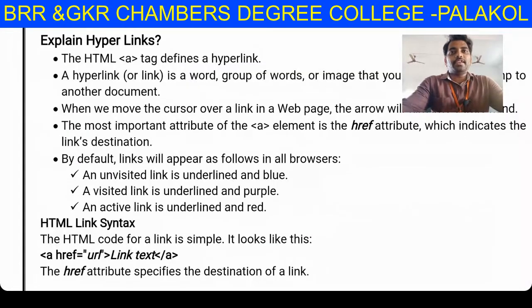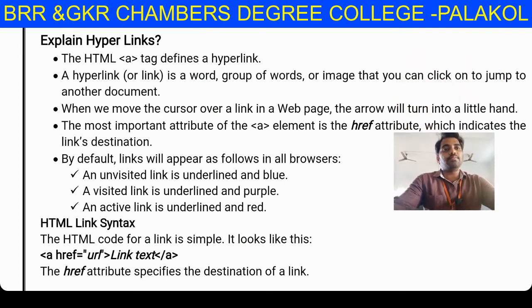Let's start explaining hyperlinks. You are using the A tag in HTML, with angle bracket open, A, angle bracket close. The tag defines the hyperlink. A hyperlink can be a word, group of words, or image that you can click to jump to another document.